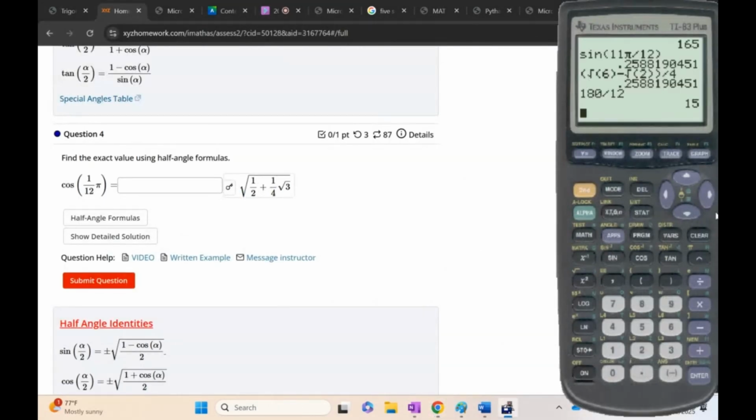This is the square root of 1/2. So I'm just going to change that to 0.5, because 0.5 is 1/2. Plus, I'm going to rewrite this 1/4 times the square root of 3 as the square root of 3 divided by 4. Close off my original square root, I get 0.9659.